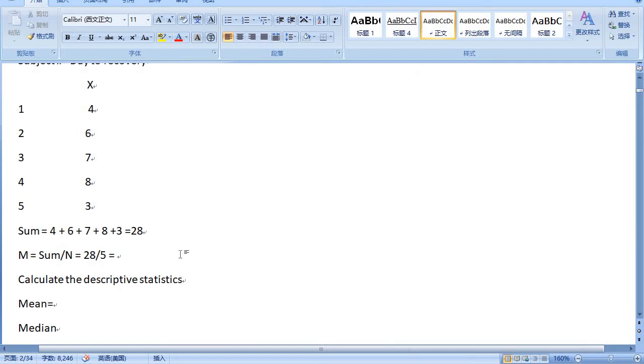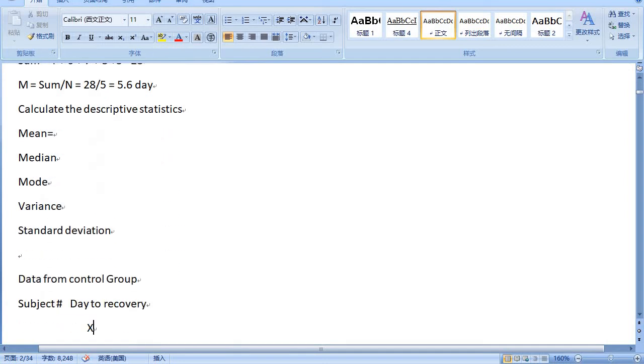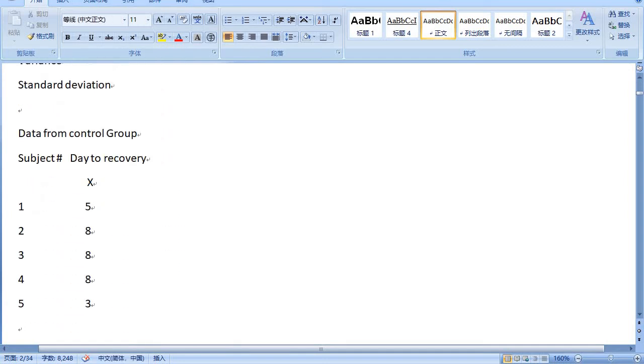Okay, that's 5.6. On average, these 5 people took 5.6 days to recover, to get well. And then, well, I'm eager to see the other group. How many days on average did that group take to recover?